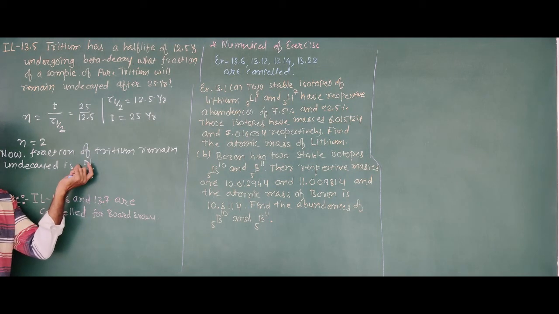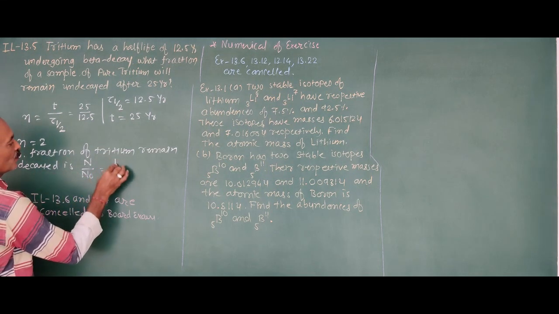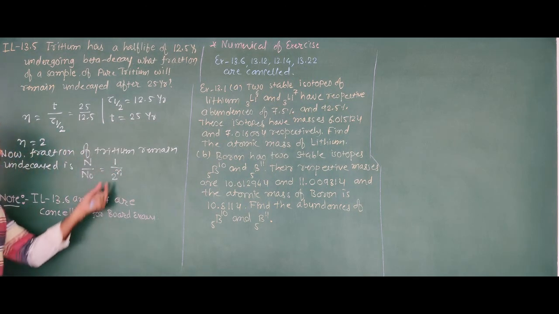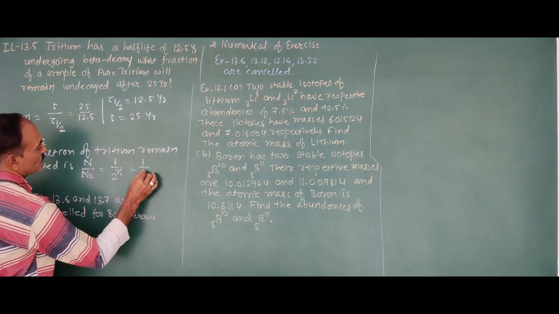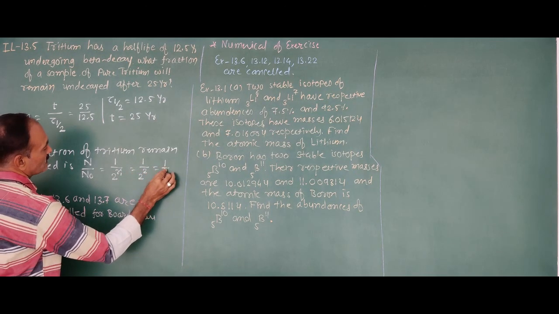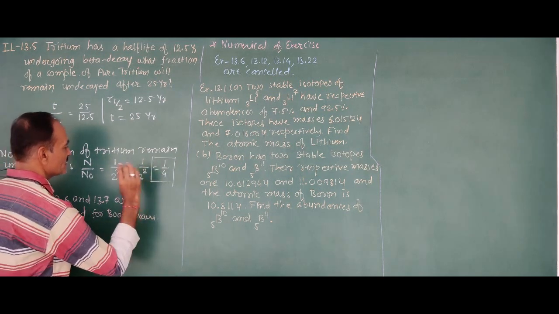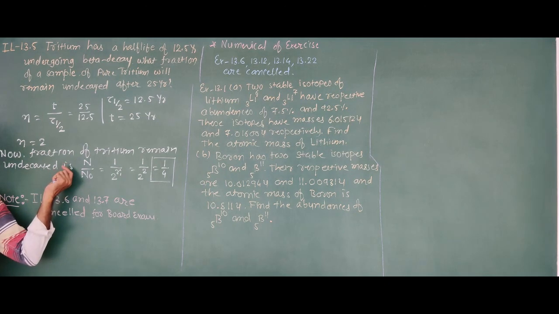N is after the 25 years, whatever part is undecayed, is equal to 1 upon 2 raised to n. What is the value of small n we found? 1 upon 2 raised to 2. It means 1/4. 1/4 part of tritium remains undecayed after the 25 years.